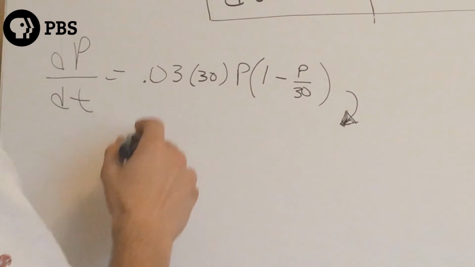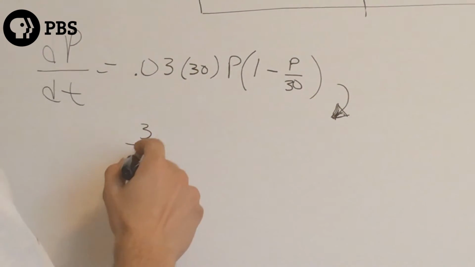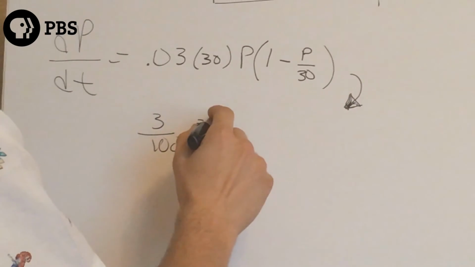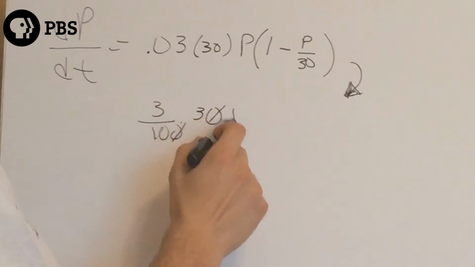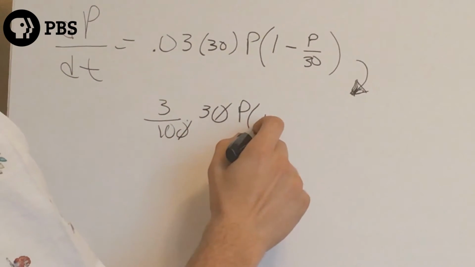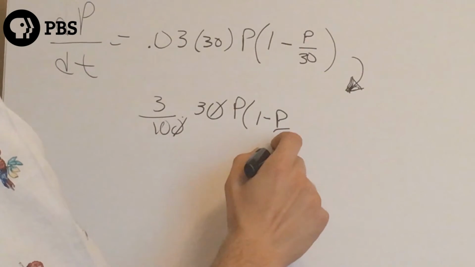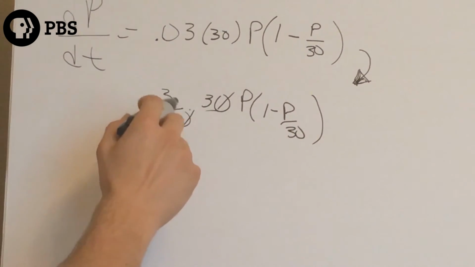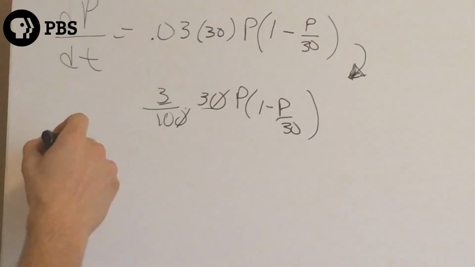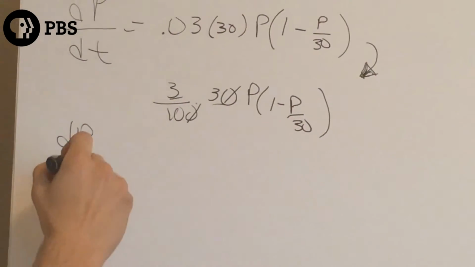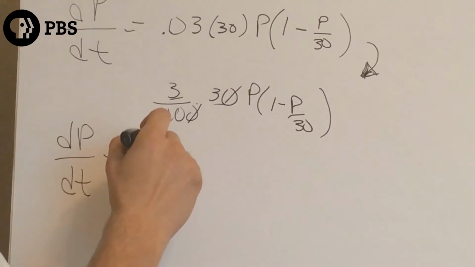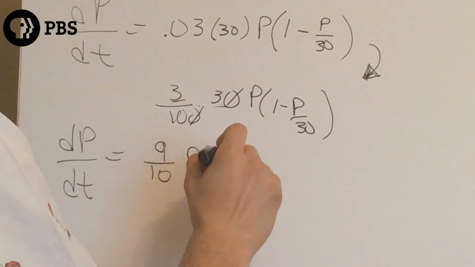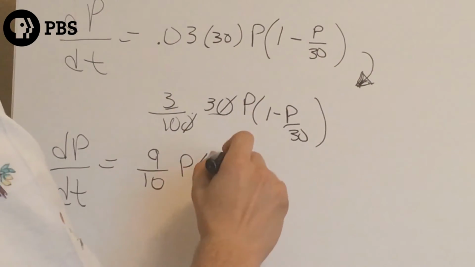This equals 3 over 100 times 30. We can cancel out the zeros. So, if you know 3 times 3 equals 9, you end up with dp dt equals 9 over 10 times p times 1 minus p over 30.